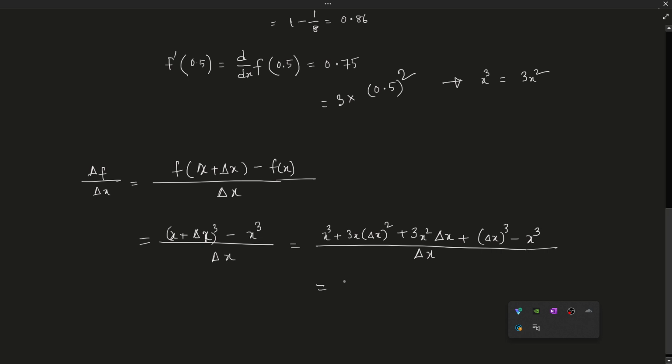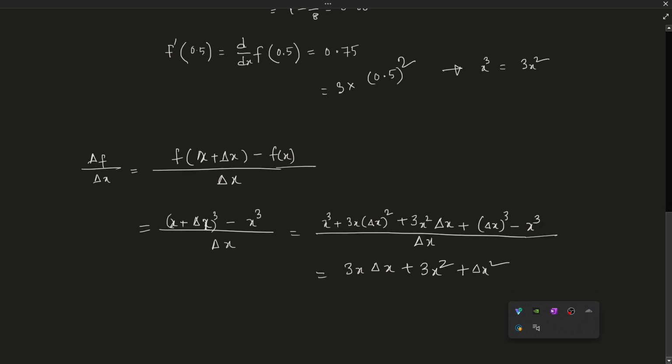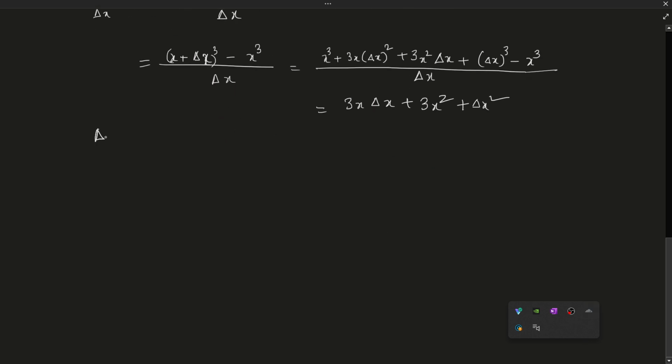If we calculate this, we get 3x del x plus 3x square plus del x whole square, and previously we had seen that del x tends to 0. We had seen it with the graph.